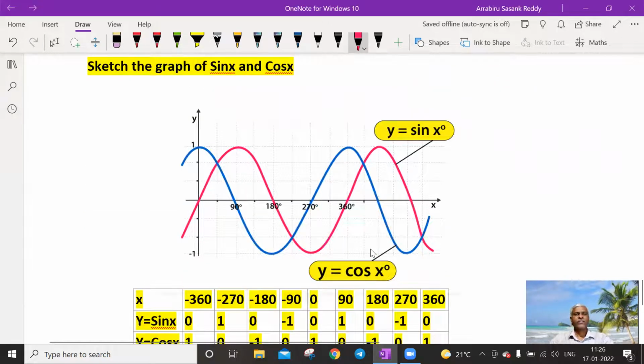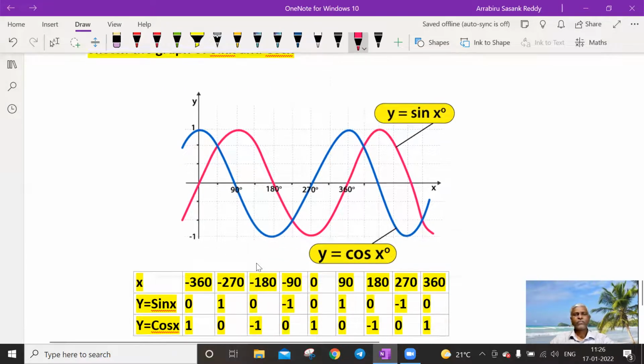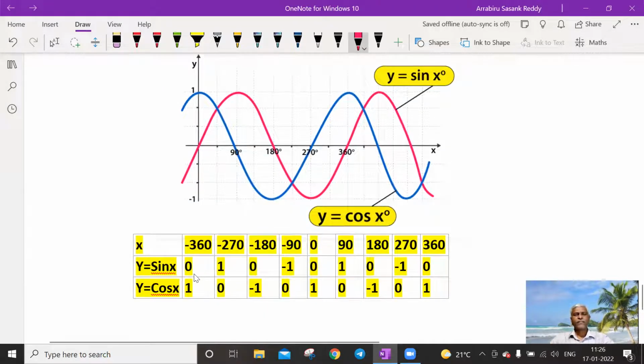You can observe, if you draw sine and cos simultaneously in the same graph, this red line is sine graph, blue line is cos graph. You can see sine 0 is 0, cos 0 is 1. So this is the 0 point. So this is sine value, red, is 0.